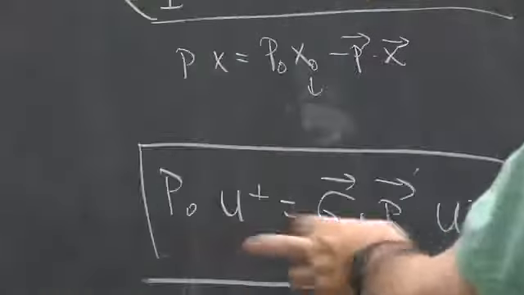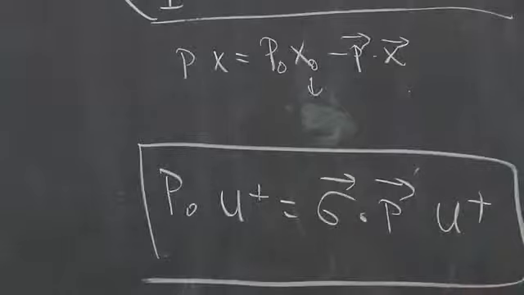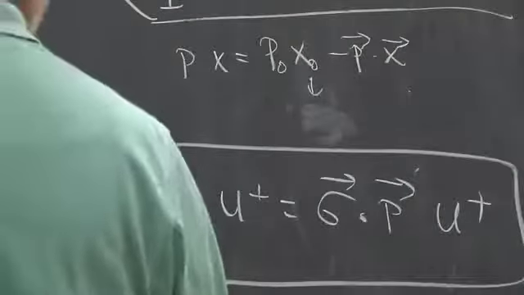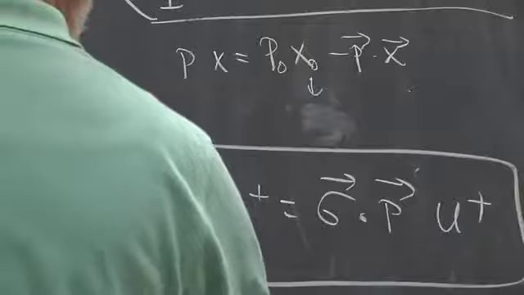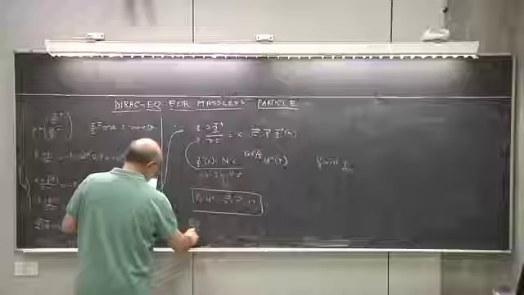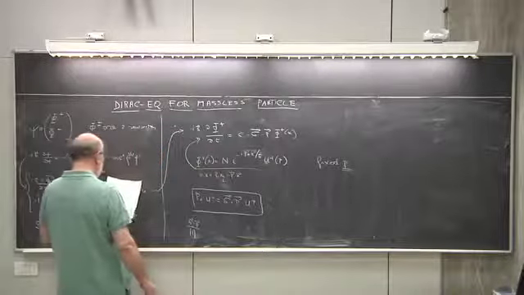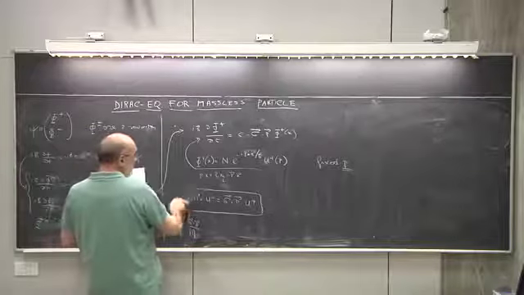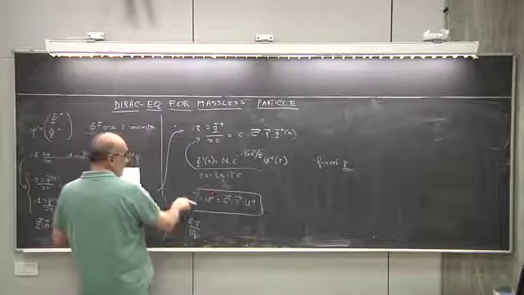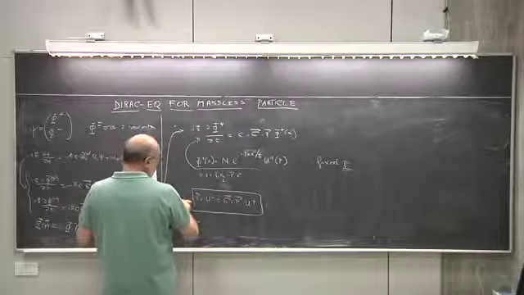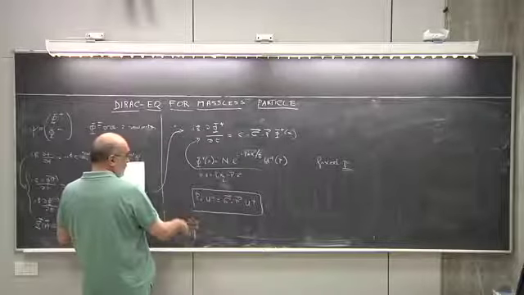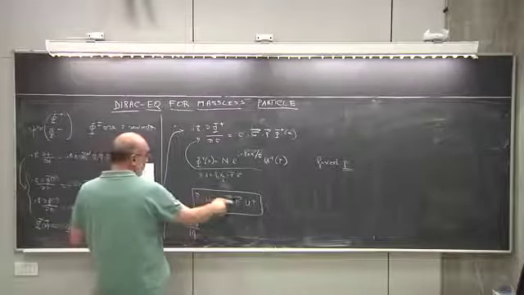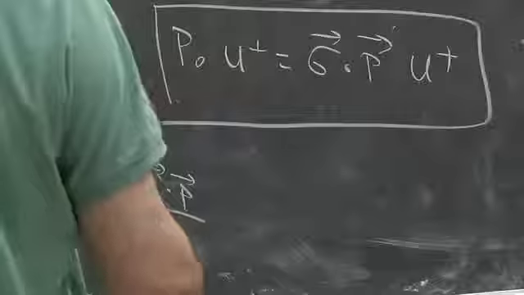This equation is interesting because, for example, if you apply the helicity operator to both sides, remember the helicity operator was σ·p over the modulus of p, let's apply it on both sides. On this side I have this object, and on the other side I have σ·p and here σ·p.